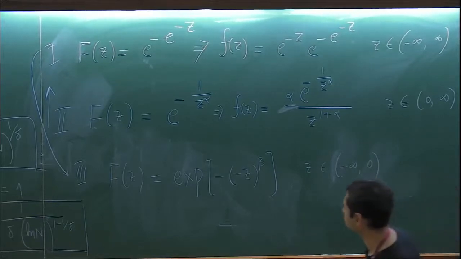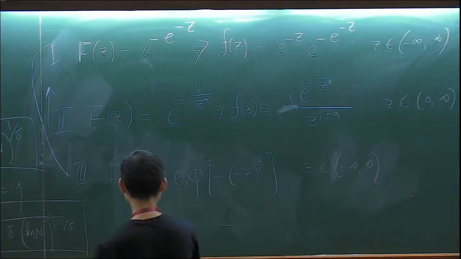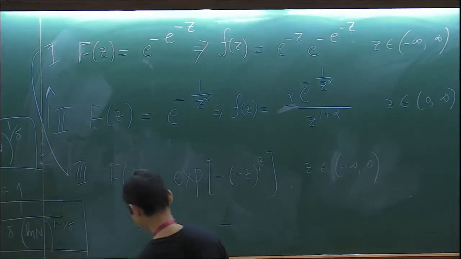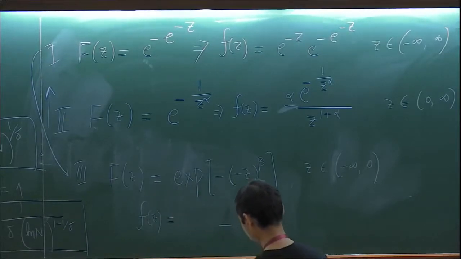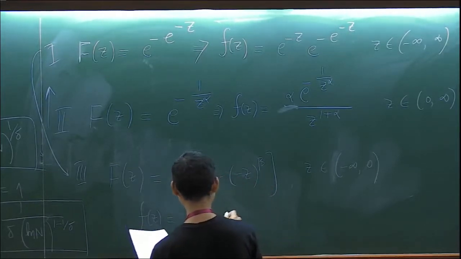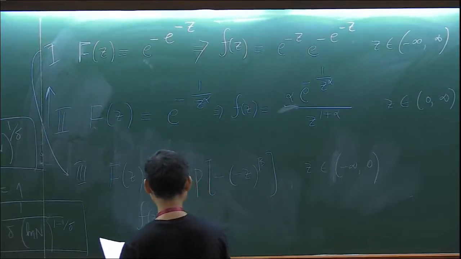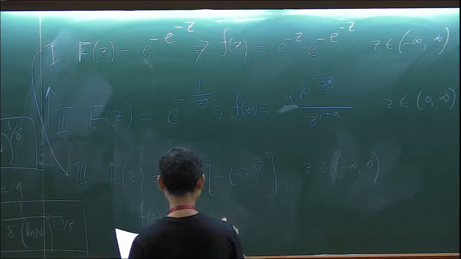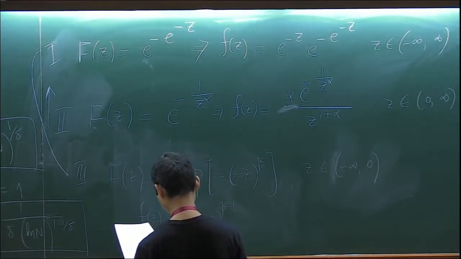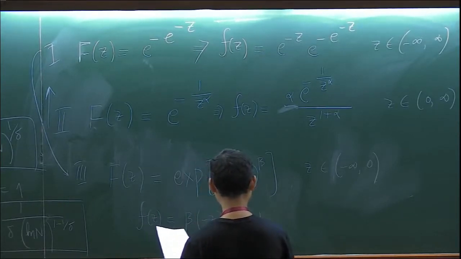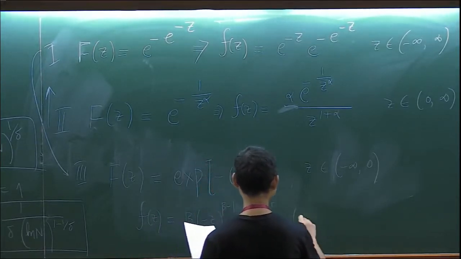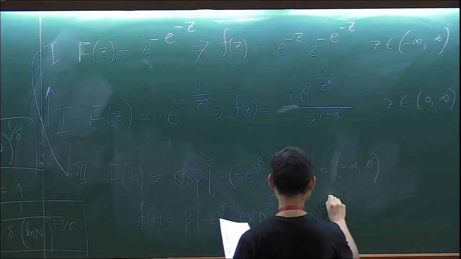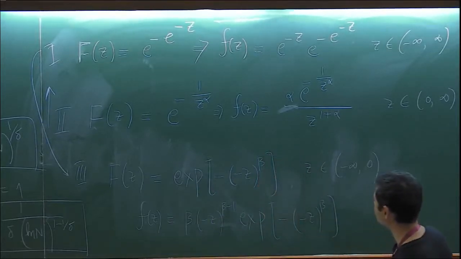And what is the form of this one? This one is again the derivative of this guy. So beta times (minus z) to the power beta minus 1, times exponential of minus (minus z) to the power beta, right?